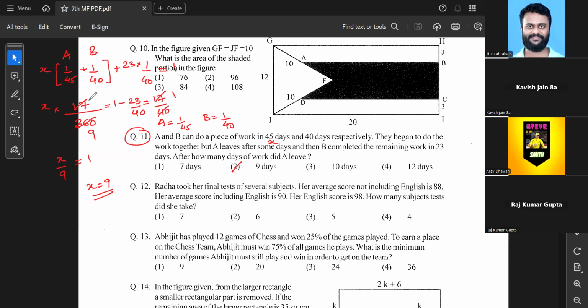So total work they have done together is their one day's work added, multiplied by how many days they have worked. This is only a part of the total work. Work तो अभी भी बचा हुआ है. The remaining work was done by B alone for 23 days. Hence 23 multiplied by B's work is equal to 1. Clear? Okay. Yes. Thank you, sir.